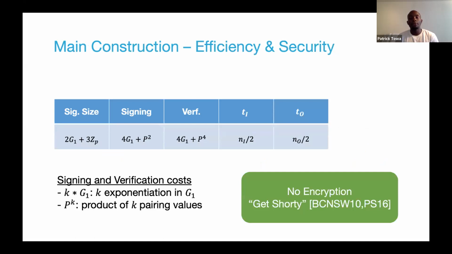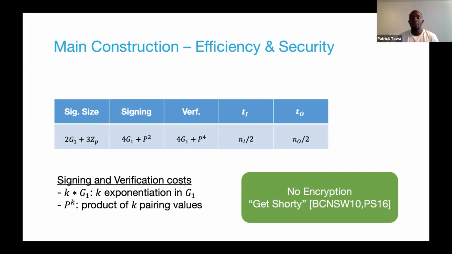The main upshot of the construction is to manage to salvage the Get Shorty idea, which is due to a paper from Bichsel et al. in 2010, which uses no encryption, but rather uses information from issuance to be able to open signatures later. This means that in the construction, the identity of signers is not encrypted under an opener's key; there's just no attached ciphertext. So this really makes the signatures very short.